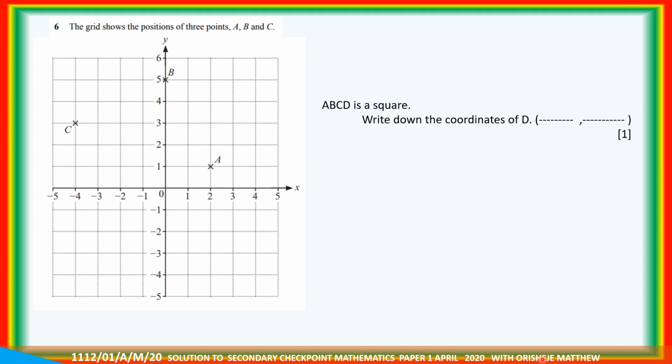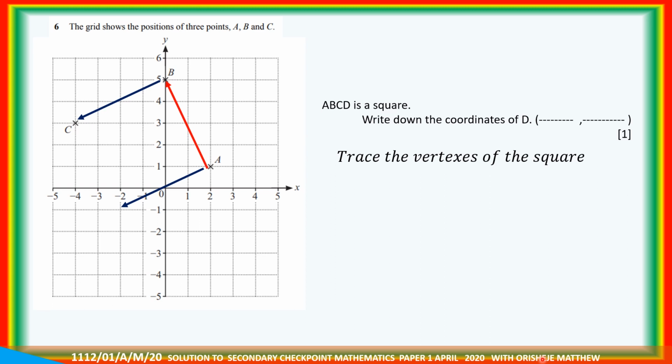ABCD is a square. Write down the coordinate of position D. That is just the question. So first thing you need to do is to trace the vertices of the square. So you have B connected to A, B connected to C, and then from the property of a square, we know that all sides are equal.